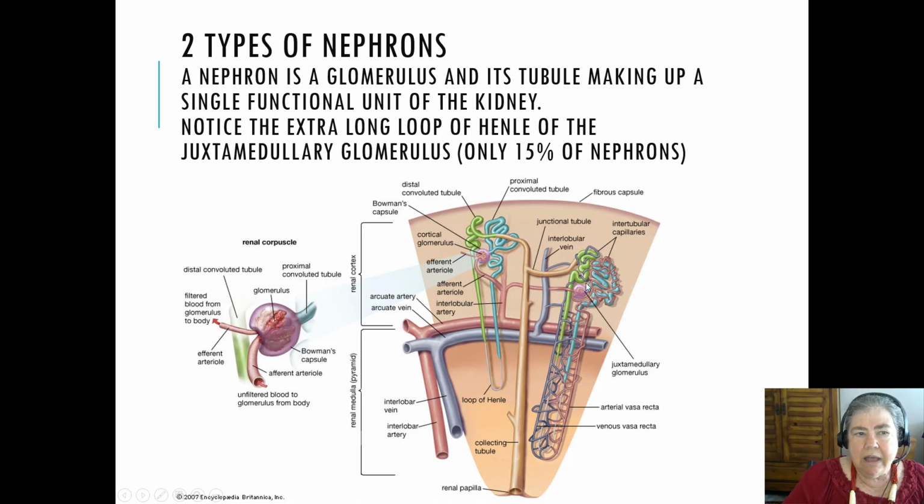There are glomeruli that have very long tubules descending deep into the pyramids that are called juxtamedullary nephrons. It's a juxtamedullary glomerulus and an extra long loop of Henle. And this makes up only about 15% of nephrons.